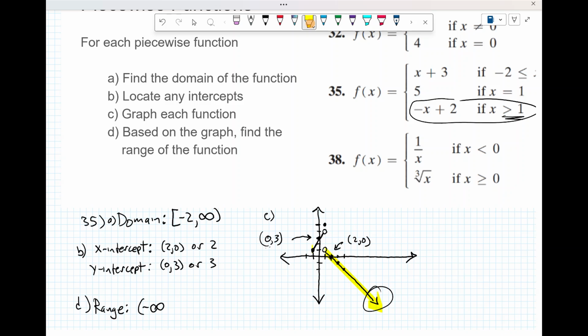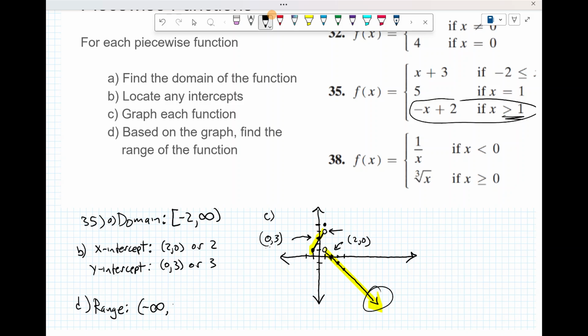And y will equal 1 right here, and it'll keep going all the way up until y equals about this, y equals 4. Right? So with these 2 parts that I highlighted, we have all the numbers in between negative infinity and 4.